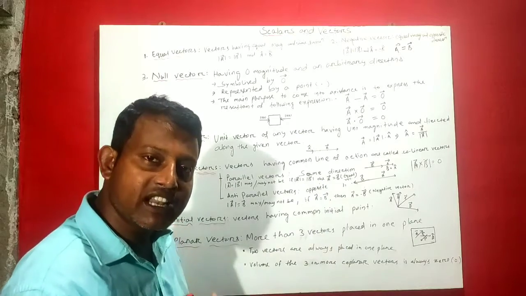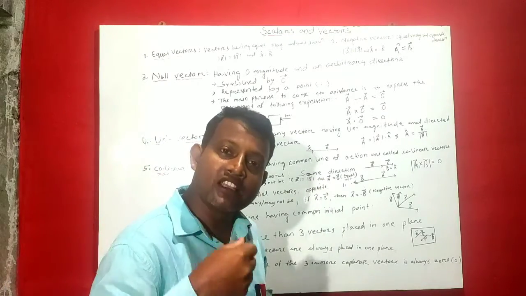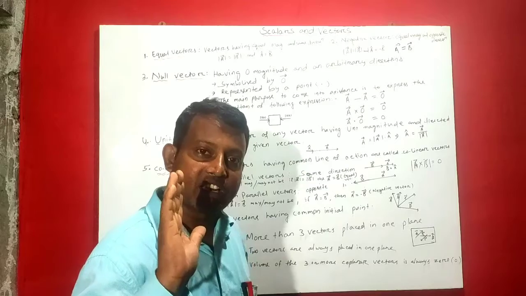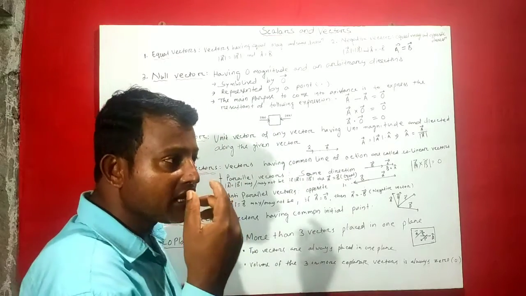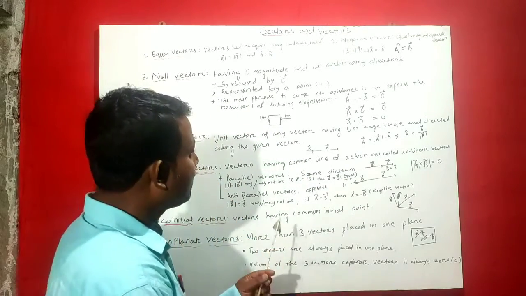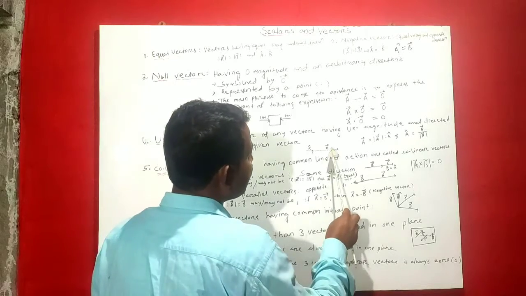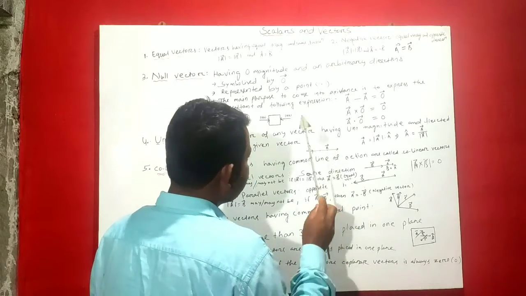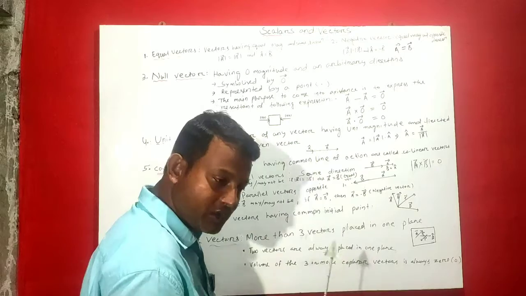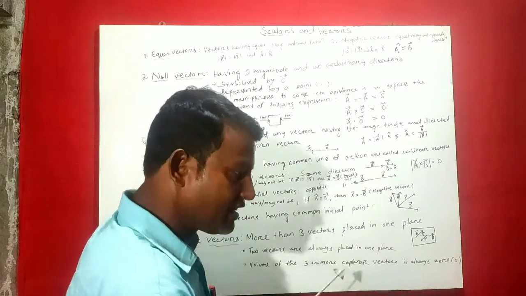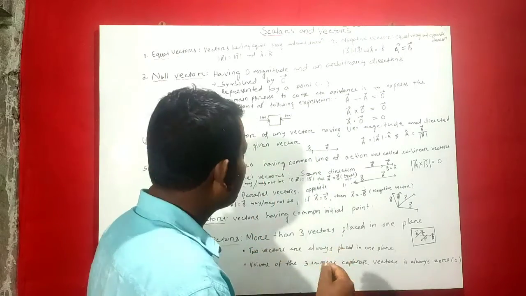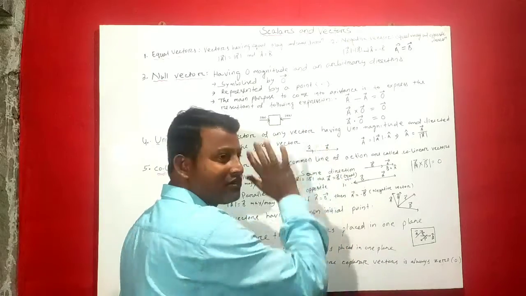That means the unit vector has a special symbolic representation. When we express a vector, we give an arrow mark above it, but when we express a unit vector, we place an inverted V above A.